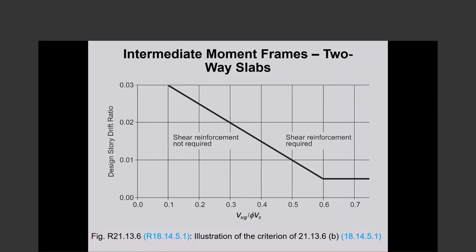Anyway, on the x-axis is shear caused by gravity divided by the punching shear that concrete alone can carry, phi times V sub c. V sub c is the smallest value given by the three formulas that you have seen, typically 4 square root of f sub c prime in our units. Okay. So if you have 40% on the x-axis, that means the punching shear caused by gravity is 40% of what concrete can carry. On the y-axis is design story drift ratio.